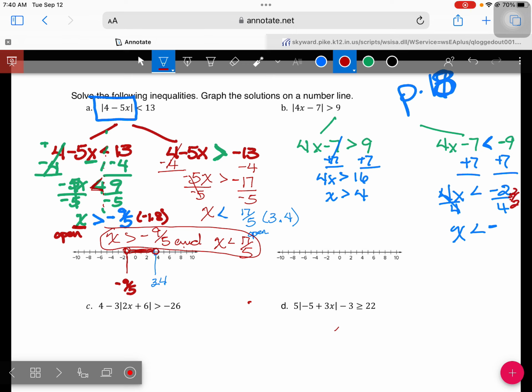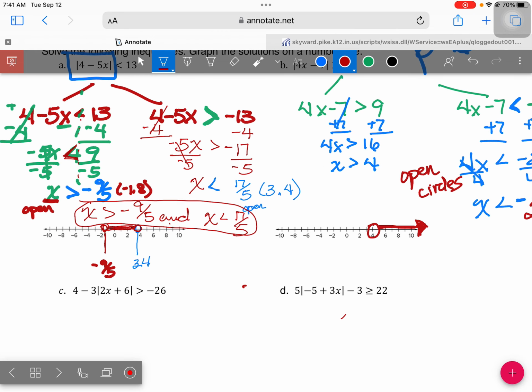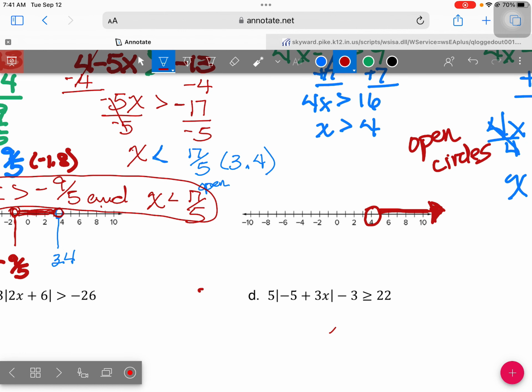So this is what we call an or statement because it looks like the boat oars you put in like a canoe or a fishing boat. And so I would say, doing this value that's on the left, x is less than negative 1/2, or x is going to be greater than 4. That is your or statement.